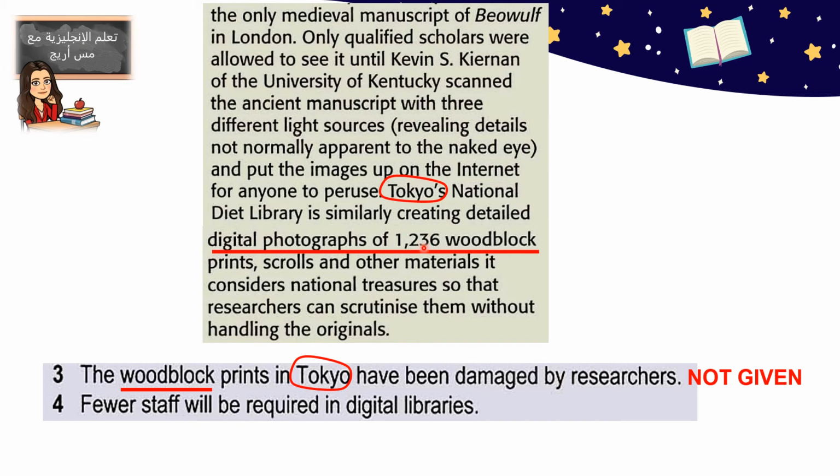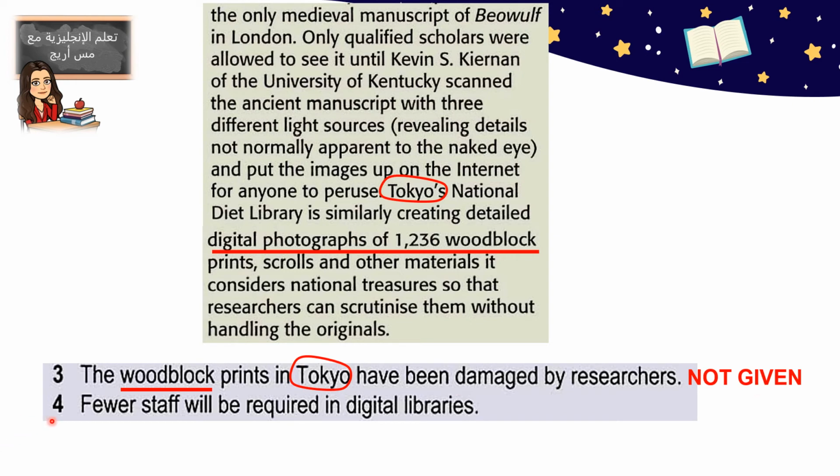They talk about woodblocks, but something totally different about the woodblocks, that they took photos of them and researchers can study the photos without touching the actual woodblock prints, but they mention nothing about the condition. They didn't talk about them being damaged or whatever. Okay, so this is why we choose not given. Again, one more time, if you're in doubt, choose not given.